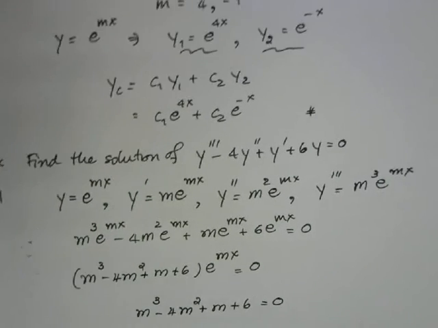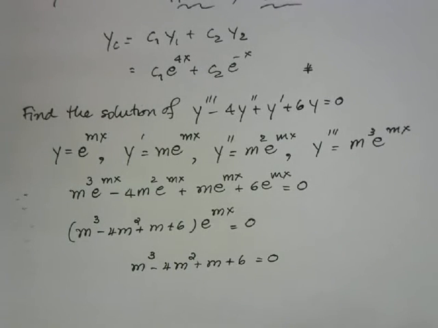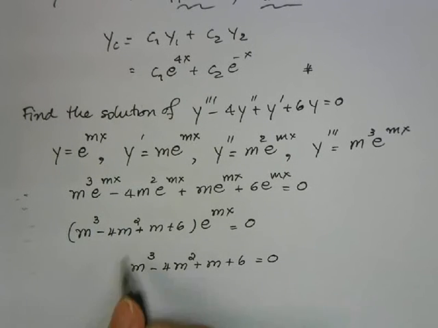Now, because you have to find 3 values of m, the way you can do it is to plug in the numbers 1, minus 1, 0, or 2, minus 2 first to see which one can be the solution for this equation.